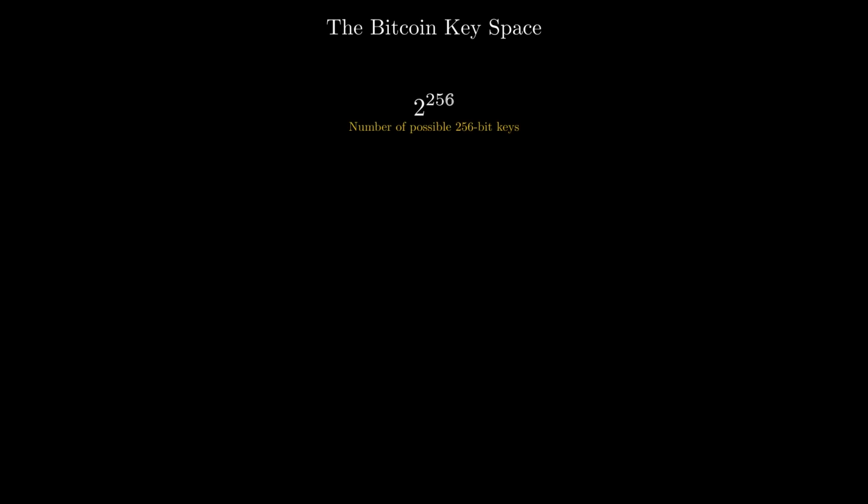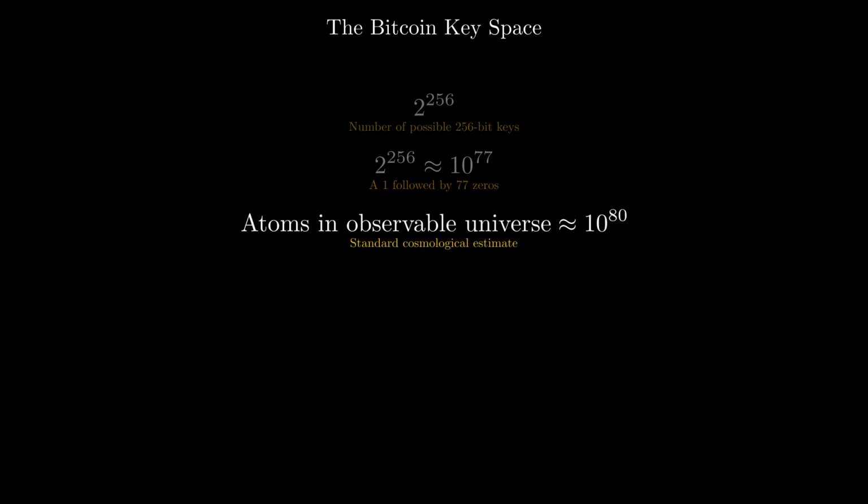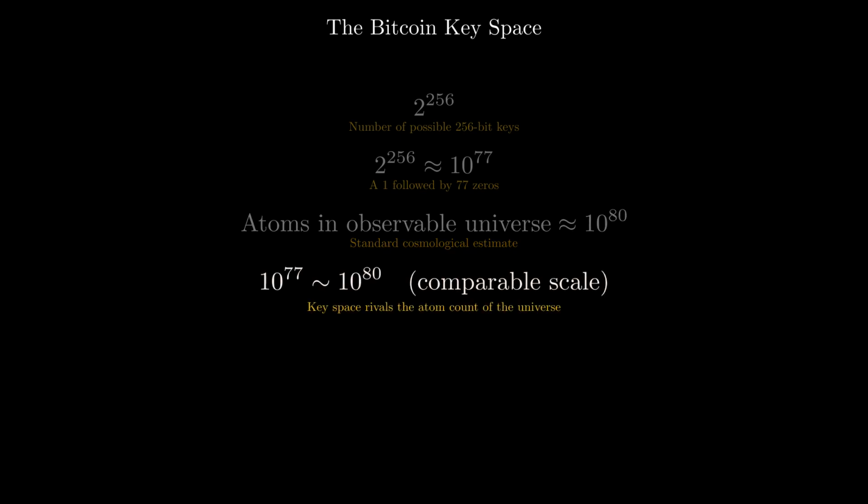So how big is a 256-bit number, really? We're talking about 2 raised to the power of 256. That's roughly 10 to the 77th, a 1 followed by 77 zeros. To put that in perspective, scientists estimate the number of atoms in the entire observable universe at about 10 to the 80th. That means the size of the key space is within just a few orders of magnitude of every atom that exists.